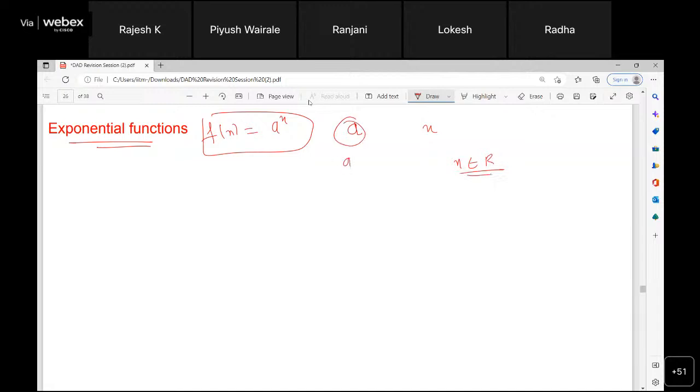It has to be greater than 0 always, and not equal to 1. Why not equal to 1? Because if you raise 1 to any power, it will give you the same value. It is a constant function.